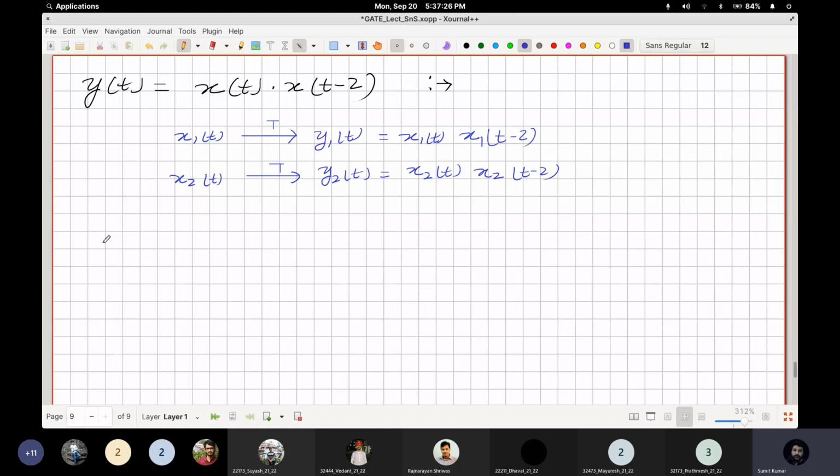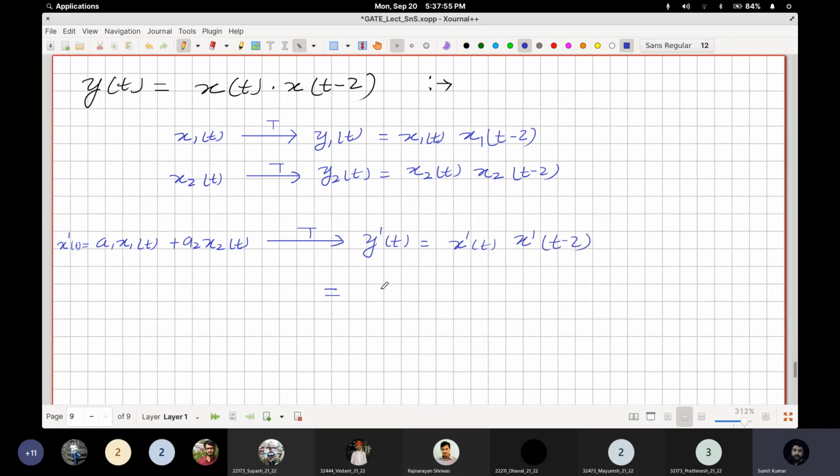Now if we give the system a1 x1(t) plus a2 x2(t) as input, let me assume that this is equal to x'(t), and the output is y'(t). y'(t) will be equal to x'(t) into x'(t minus 2).